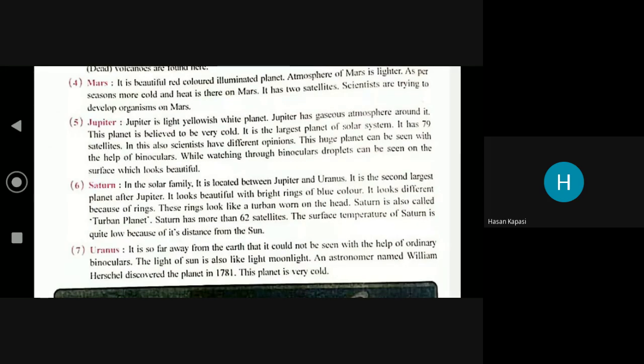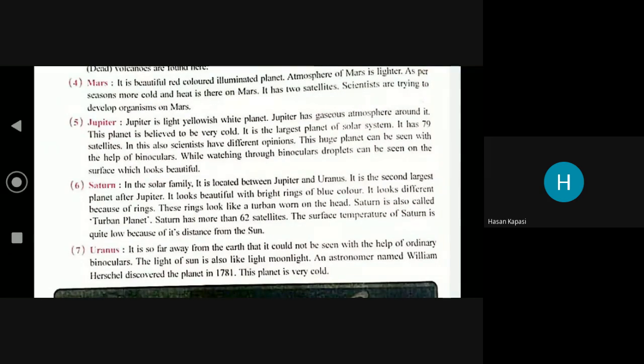And you know, my dear students, just as we have one satellite, the Moon, Jupiter has 79 satellites. How many satellites? 79. In this, also, scientists have different opinions.